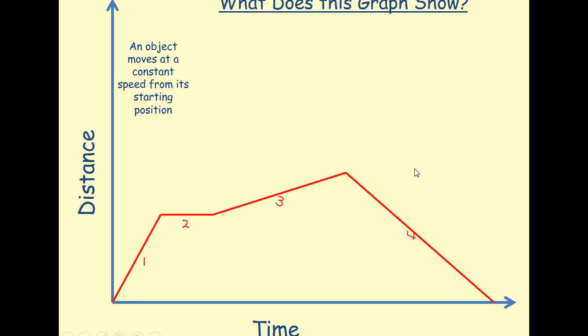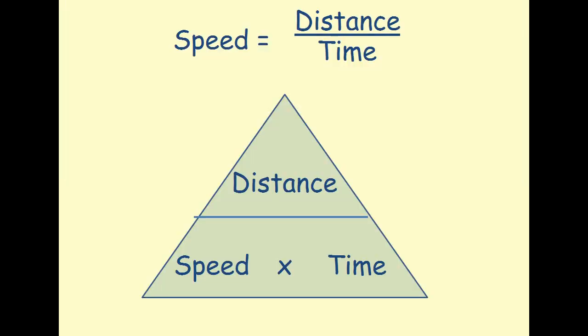If we're trying to find time, we do distance divided by speed. If we're trying to find speed, you would cover up speed and do distance divided by time. And that's the one that most of these questions are going to focus on. We're going to be working out speed from a distance time graph.